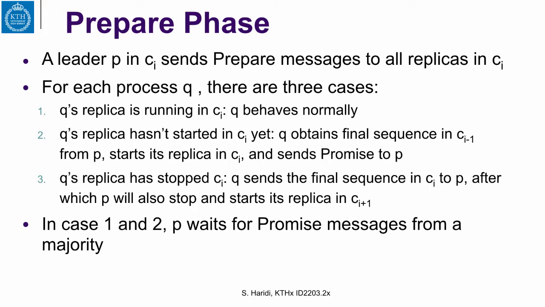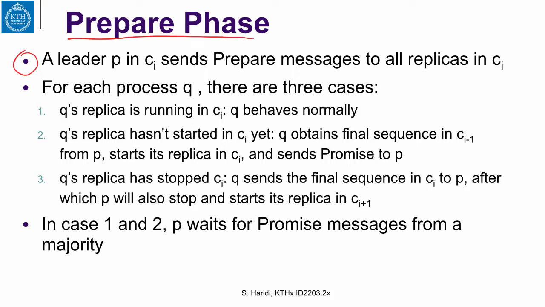What we have been explaining until now is that we let each replica continue execution as normal until it comes to the stop command, and this basically terminates the execution of the replica here, and it gives its process the ability to restart a replica in the next configuration. There is another way to do this.